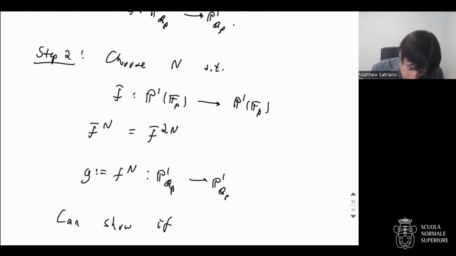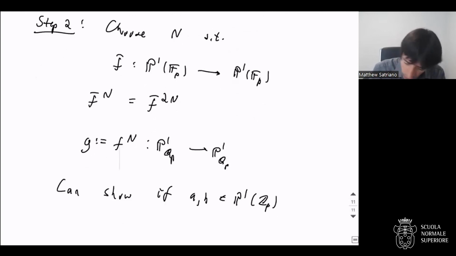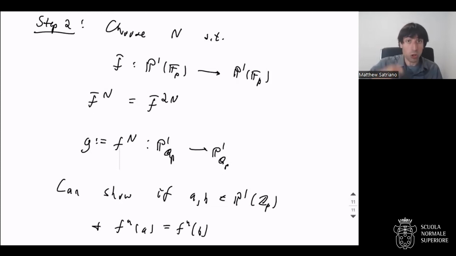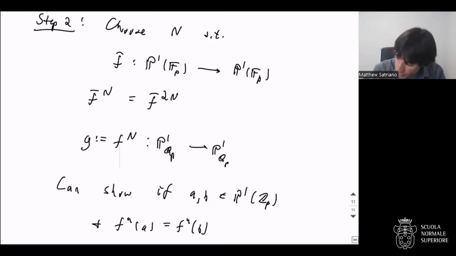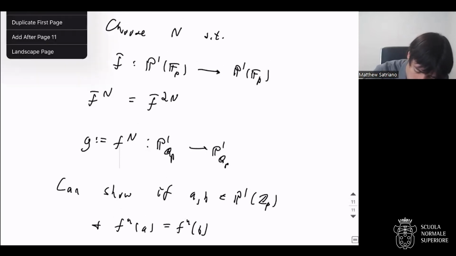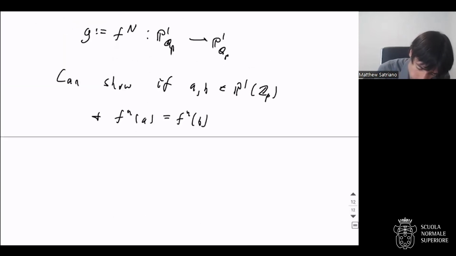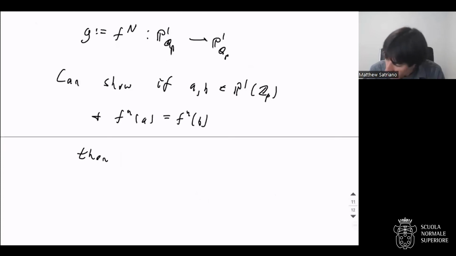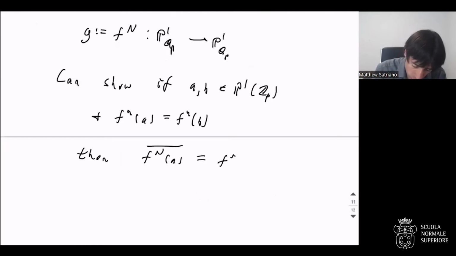You can show that if I give you two Z_p points, and it happens to be the case that F, just an arbitrary iterate, F to the n of A equals F to the n of B, then F to the capital N of A, the one that we showed, if I just look at these as F_p points, then they're equal to each other and this is a fixed point.